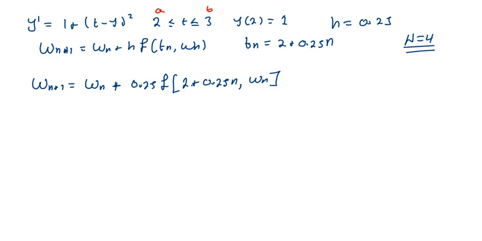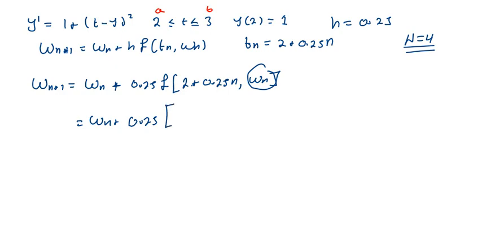So this right here, you have to substitute into this one here. Why are we doing so? We know that y prime is simply equal to f of t comma y, and in this case our y is represented by this, and our t is represented by that part there. I can do the substitution.